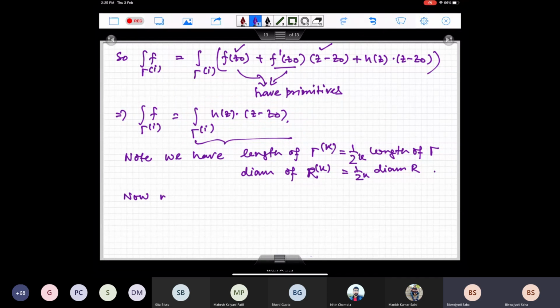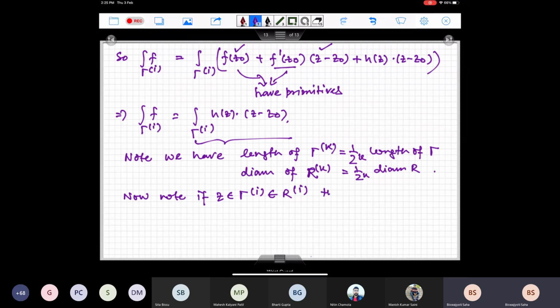Now note, my z is in gamma i, and so therefore this is in, for instance, R_i, and z naught is in the intersection.